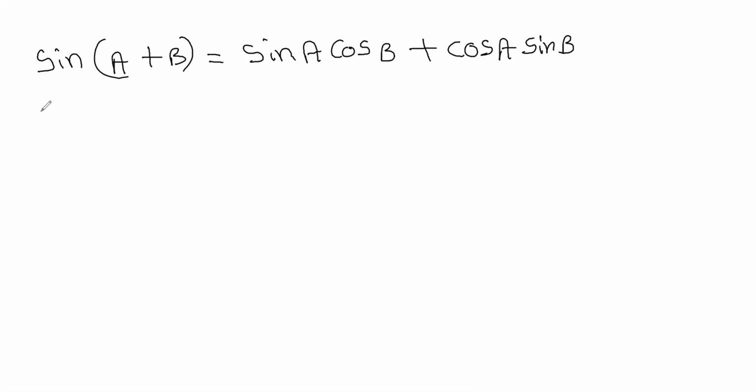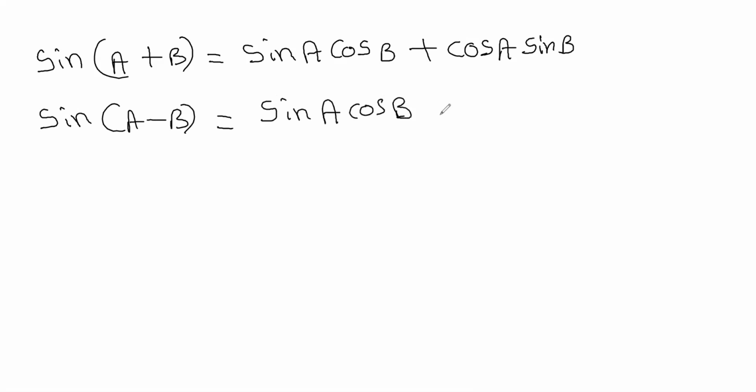Now the same thing follows for sine of a minus b: sine a cos b minus cos a sine b. Means these two formulas are one itself. I can write plus or minus, plus or minus. That's it. This is the first formula.